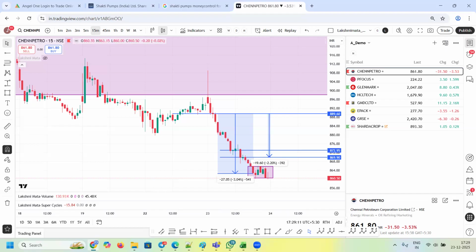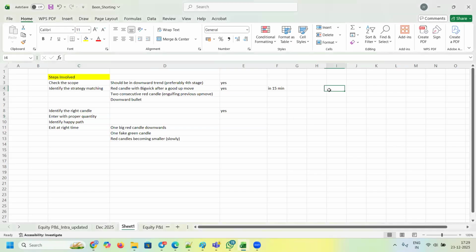Imagine if you have taken 100 quantity and ridden 19 rupees, you will make 1900 profit. If you have taken 200 and ridden 19 rupees, how much is this? 200 into 19, 3800 rupees profit.